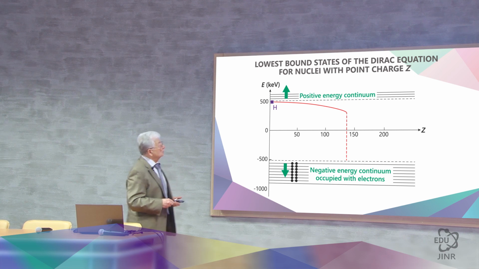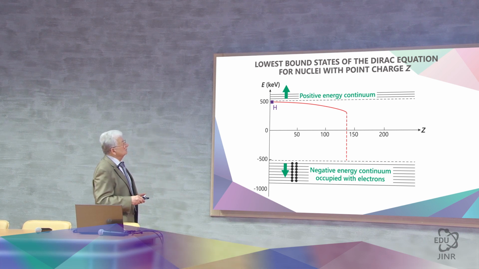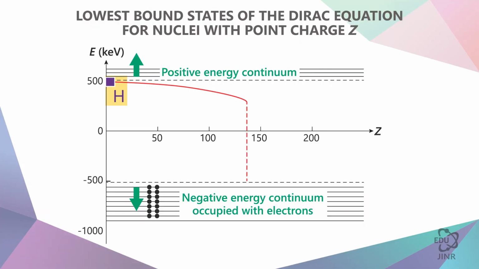Now let's see what happens when we move to heavier elements. Here is hydrogen. Here is its binding energy, 13.6 electron volts. Here is the atomic number of a nucleus, or the atomic number of an atom. And as we move, this type of energy starts to increase, the binding energy of the first electron.